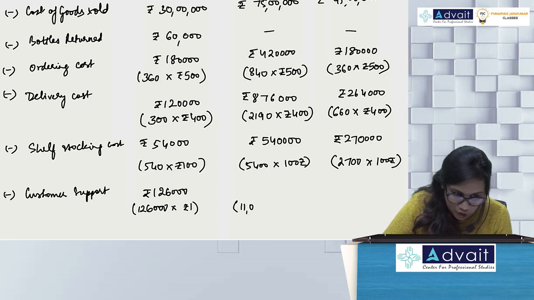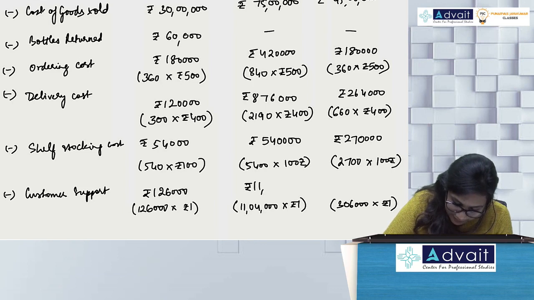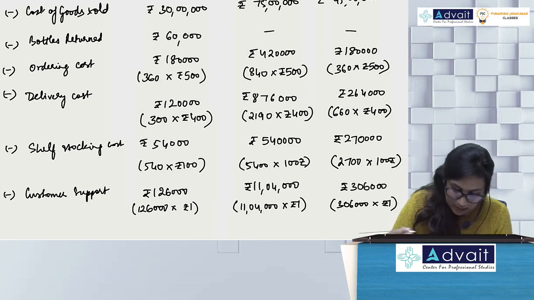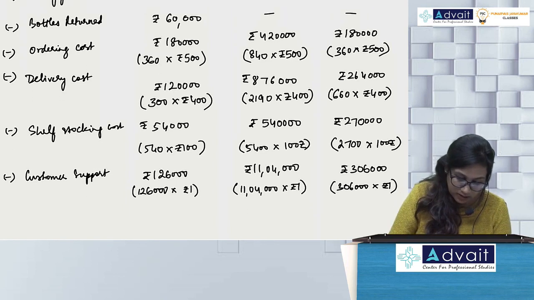For fresh produce, 11,04,000 items were sold, into 1 rupee. And for packaged food, 3,06,000 items were sold into 1 rupee. So we get 11,04,000 here and 3,06,000 here. Have we considered all costs? All costs have been considered.